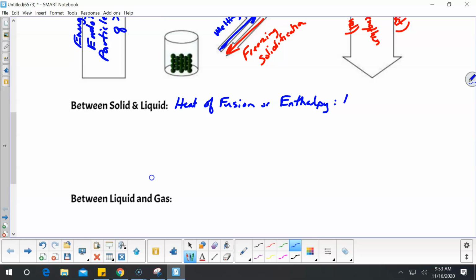So that's what it is. How hard it is to change a substance from a solid to a liquid at its melting point.